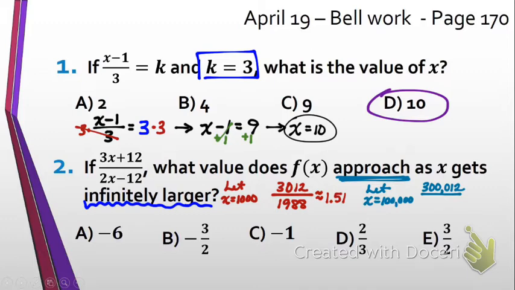So 2 times 100,000 minus 12. 199,988. Divide that on the calculator and see what it is about. How many nines is that? 3 nines. 199,988.